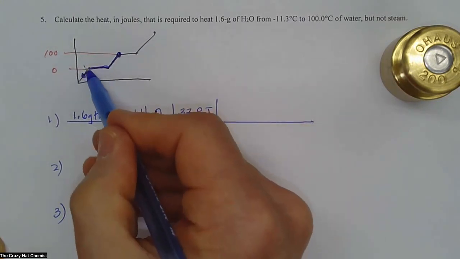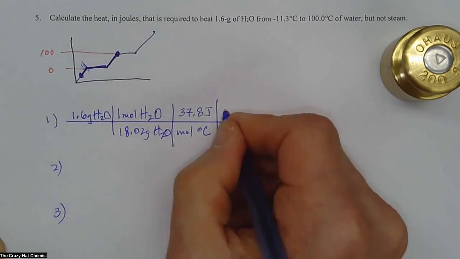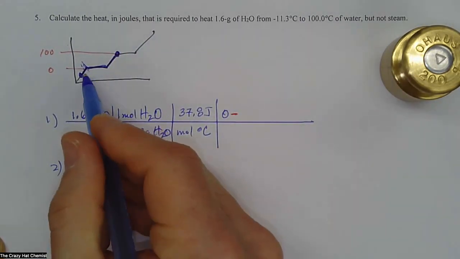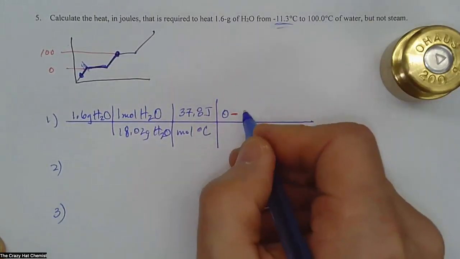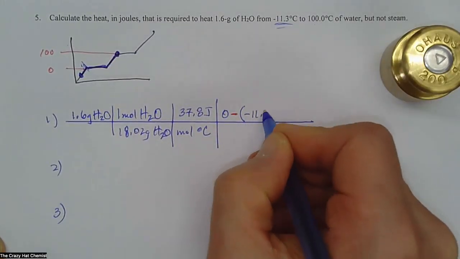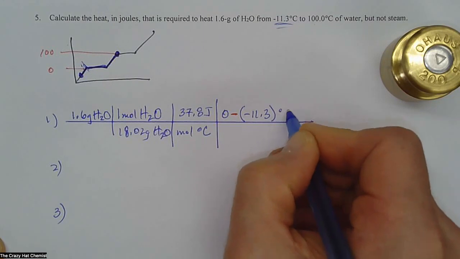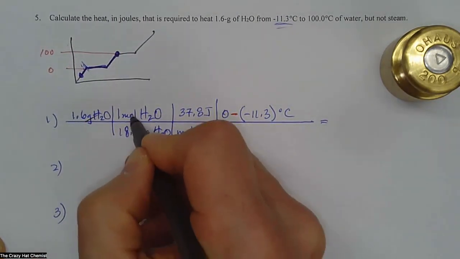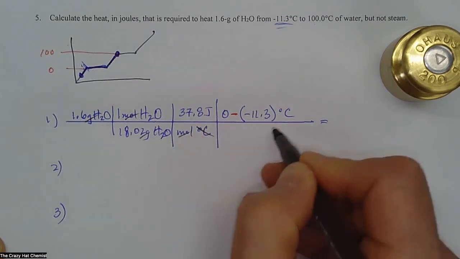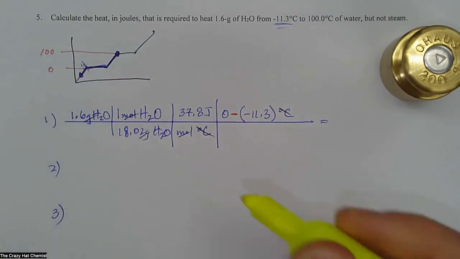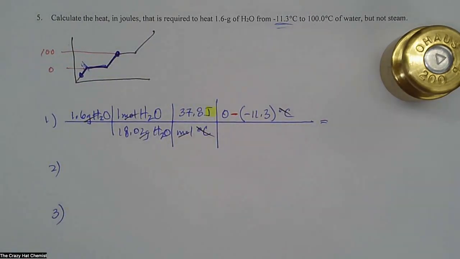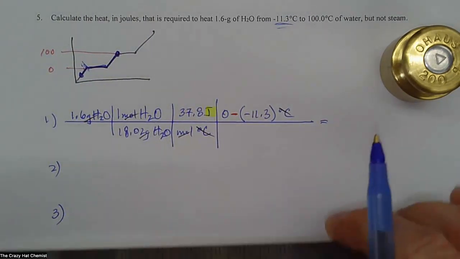And the final temperature at this segment here is 0 minus the initial temperature, that is negative 11.3 degrees Celsius. This is going to equal a number. You should see that the grams cancel, the moles cancel, the degrees Celsius cancels. What does not cancel, just like on the last problem, are joules. Okay. All right. That is step number 1.